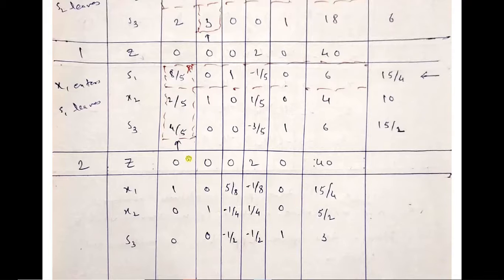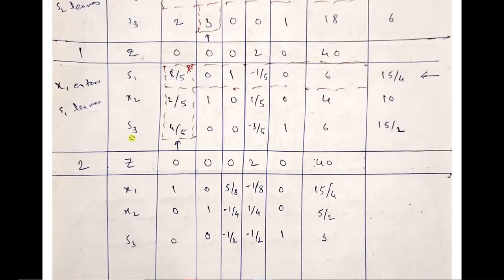Then with the help of this 1, here this element is already 0. We have to make these two elements to be 0. So operation for x2 is x2 minus 2 by 5 x1. So perform that operation, you will get these entries.